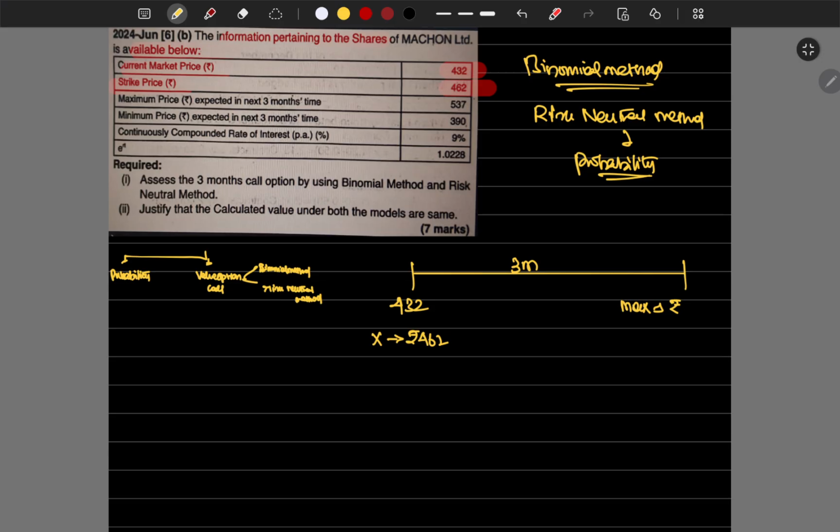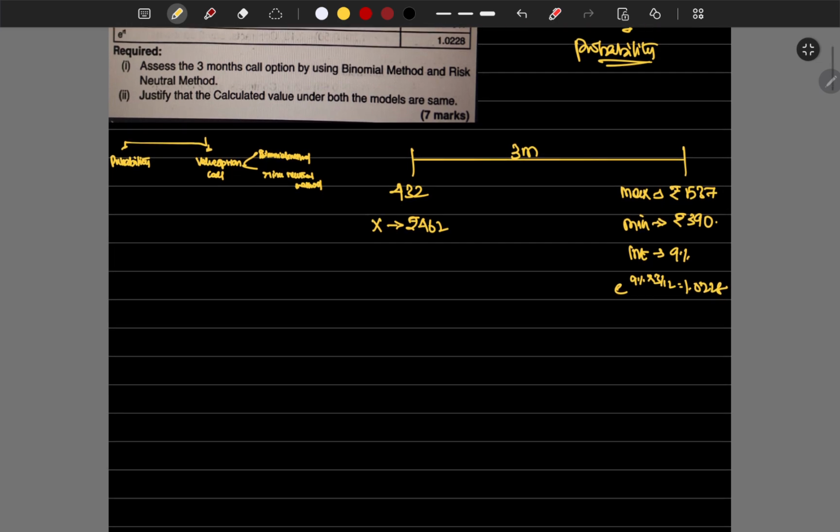And the minimum share price will be rupees 390. Interest rate 9%, and they have given the ERT also, which is 9% into 3 by 12, which is 1.0228. Using this, the first thing we have to do is find out the probability.